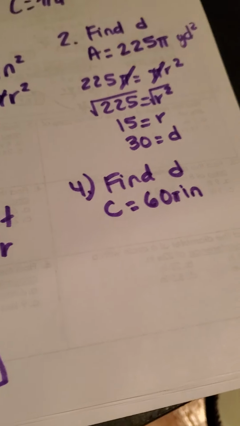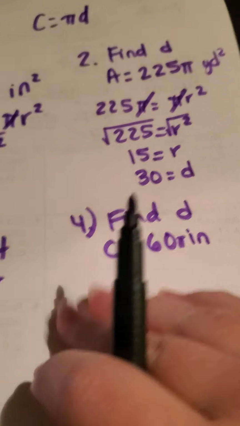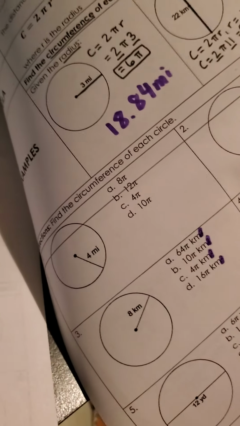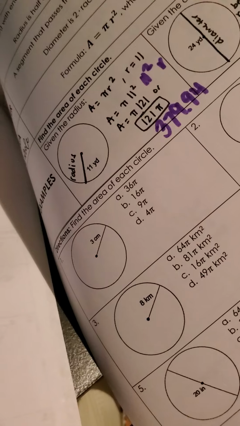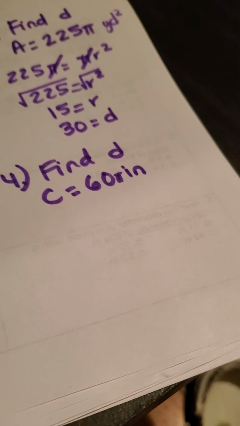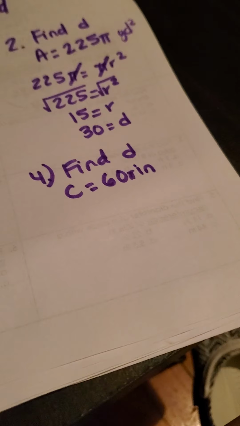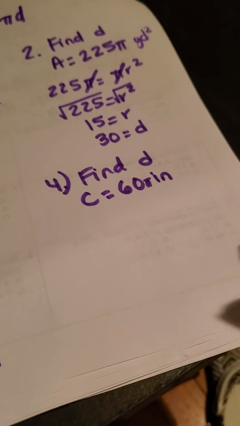It doesn't have to have the pi there, but all the examples that I've given you do have pi because we have left that in our answers on all of these. Remember, if I wanted to have a different number, I would have to go ahead and multiply the 60 times the pi, which will still work. We can still do it that way. And I'll show you that here at the end for this one.